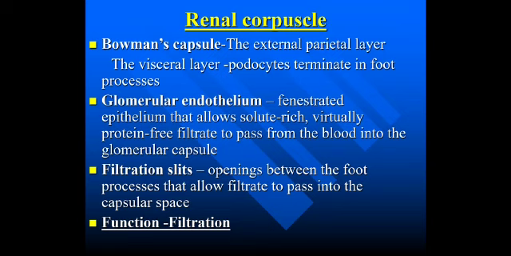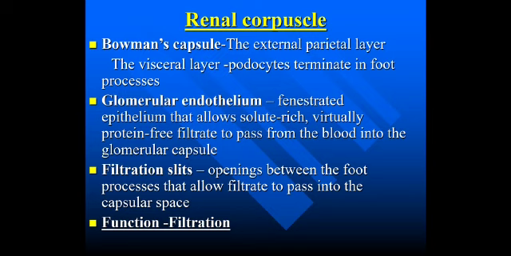The renal corpuscle, which is the Bowman's capsule, has an external parietal layer with the internal visceral layer, which has podocytes which terminate into foot processes. These are slits. The glomerular endothelium is fenestrated epithelium that allows solute-rich, virtually protein-free filtrate to pass from the blood into the glomerular capsule.